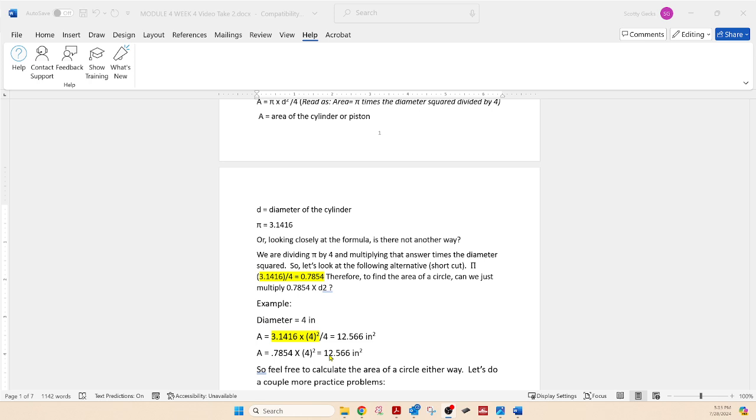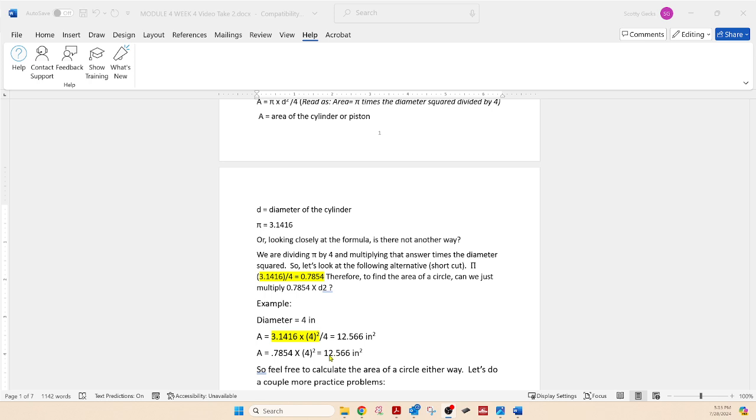So let me do that. I just want to make sure I'm not leading you in the wrong direction. I'm going to take 0.7854 multiplied times the diameter squared, which is 16, and guess what I get? I get 12.566, which is the same square inches.